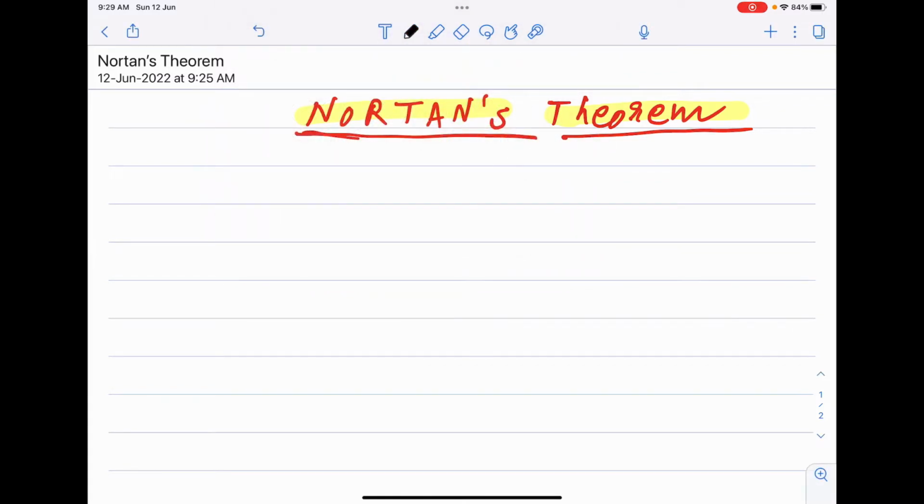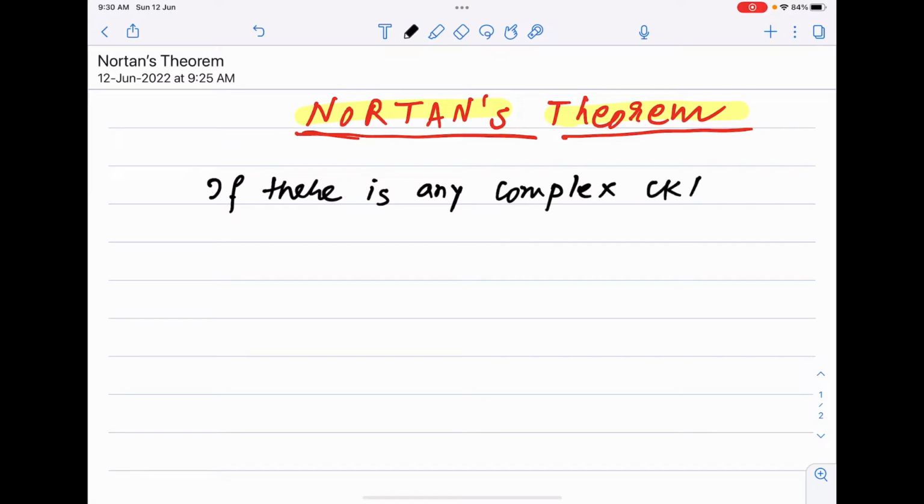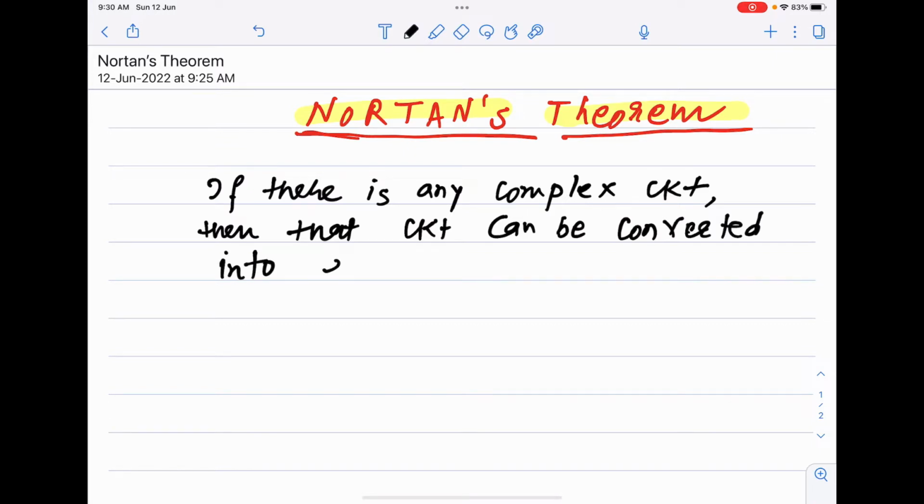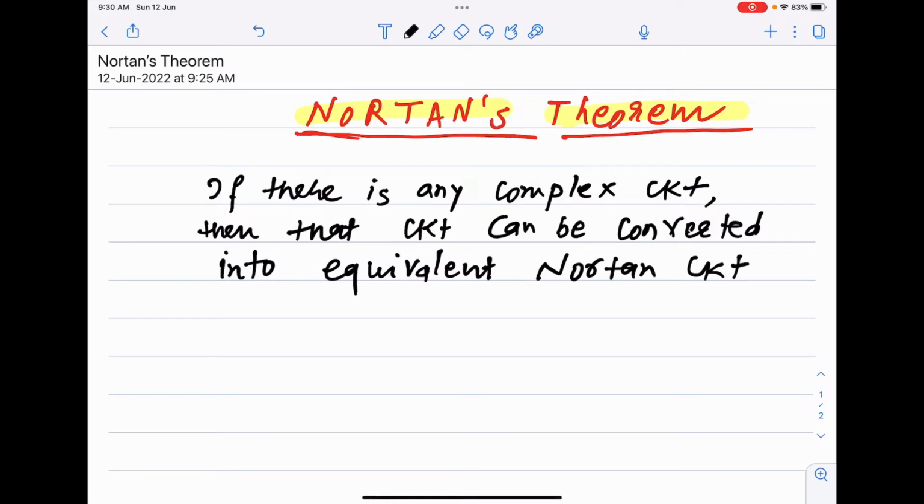Norton's theorem states that if there is any complex electrical circuit, then that circuit can be converted into an equivalent Norton circuit.